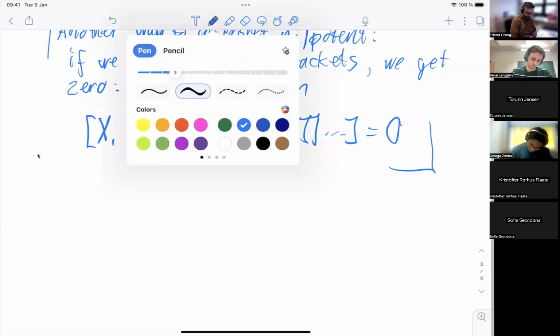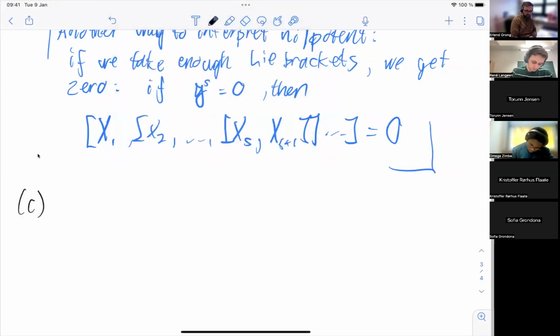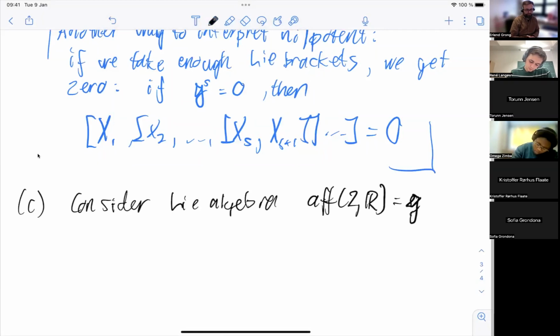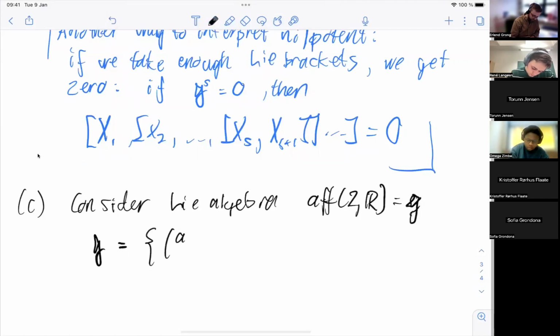Let me go back to my black. So consider the algebra. Let's call it F to R equal to G, where G is the set of A and B, 0, 0, 0, where A and B are real matrices.